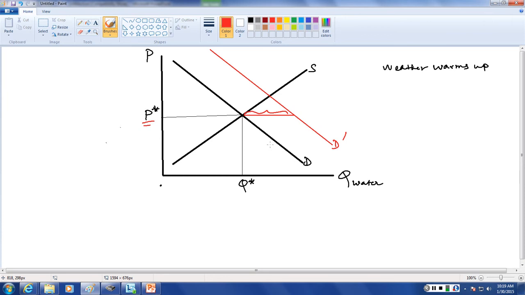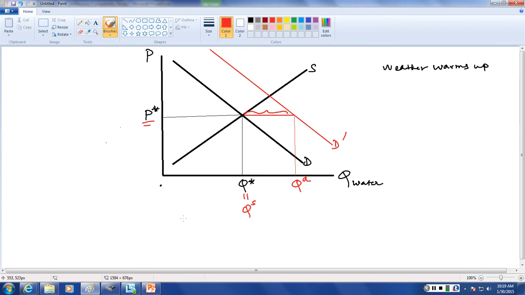You see, because at that price, the quantity demanded of bottled water, this shall be the quantity demanded, whereas this shall be the quantity supplied. And so you have quantity demanded exceeding quantity supplied.